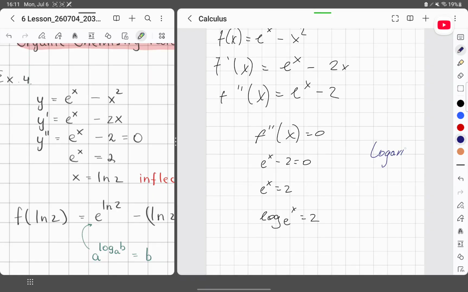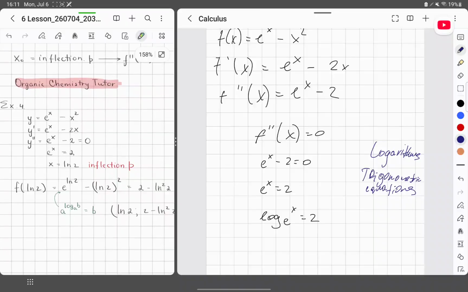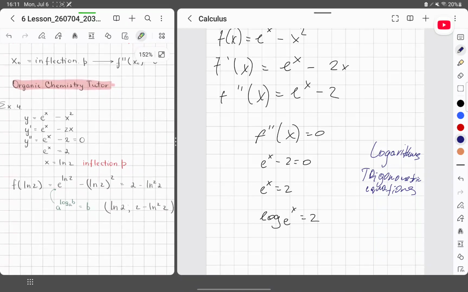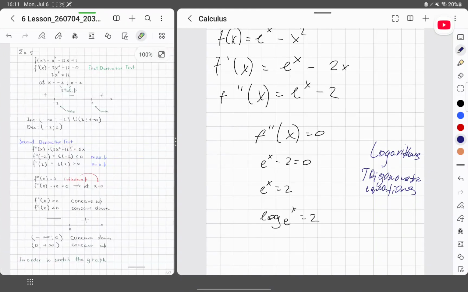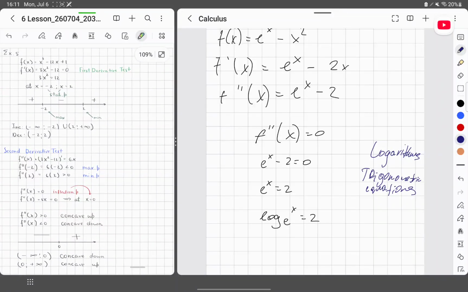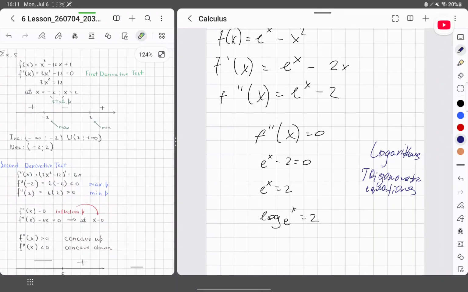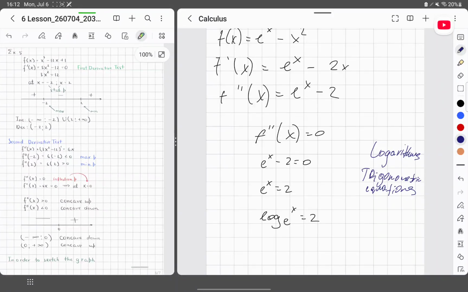Logarithms, and trigonometric equations. If you plug in, that will be like this. And they are just repetitions.